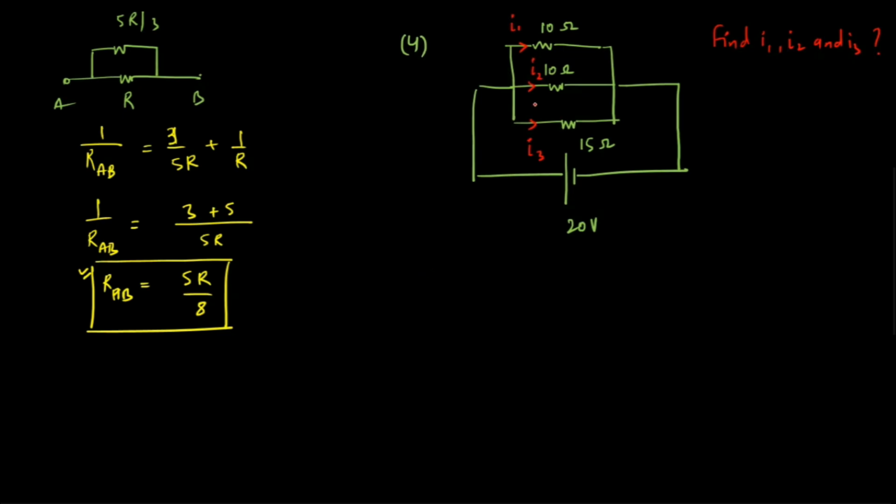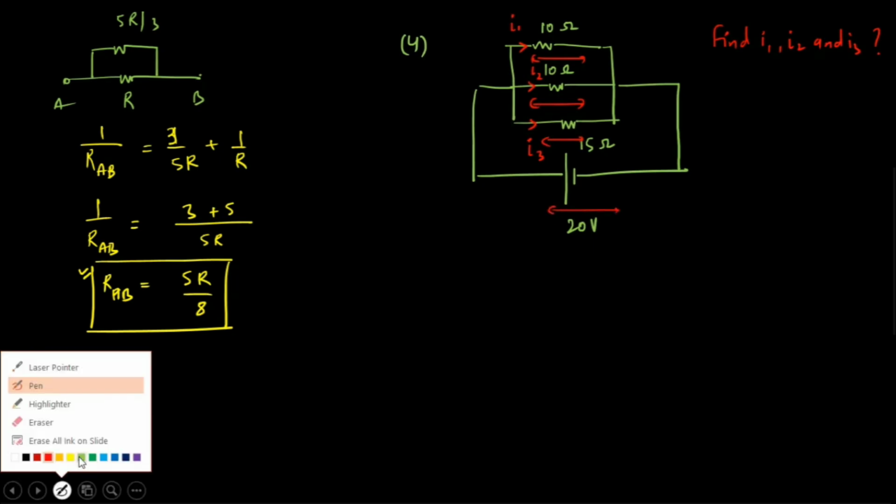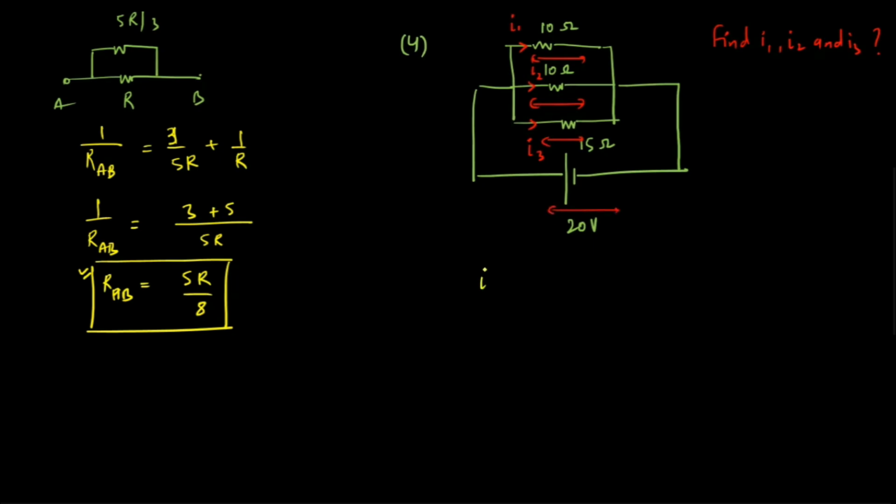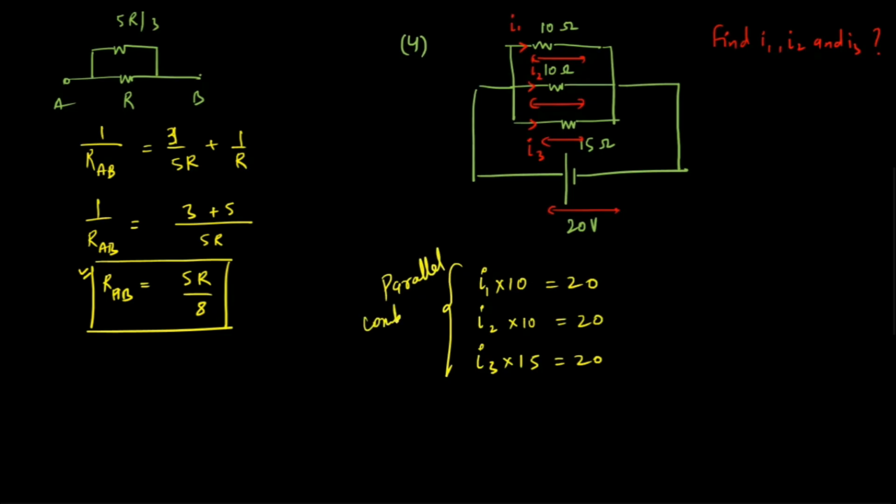So here the potential across all the resistors must be 20 volts. Here we can say I1 into 10 must be equal to 20, I2 into 10 must be equal to 20, I3 into 15 must be equal to 20. As it is a parallel combination, potential must be the same across all resistors.